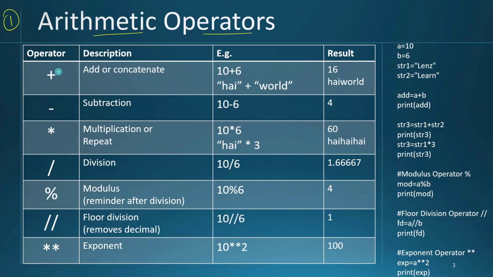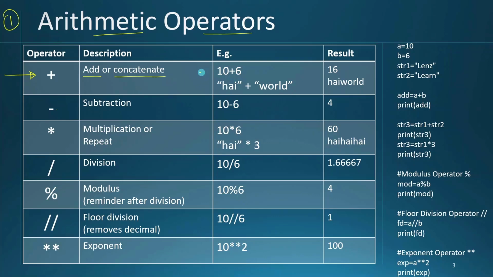This operator is very familiar to us because it directly matches with the elementary maths that we have studied. Let us start with the first operator, which is represented by a plus, and it is used to add 2 numbers, or it can also be used to concatenate 2 strings. Concatenate means to join 2 strings together.